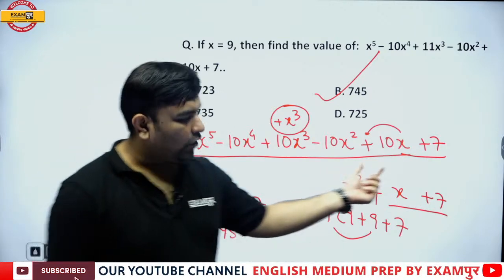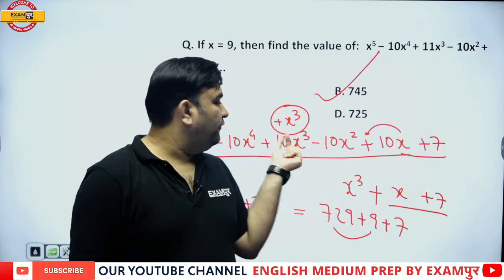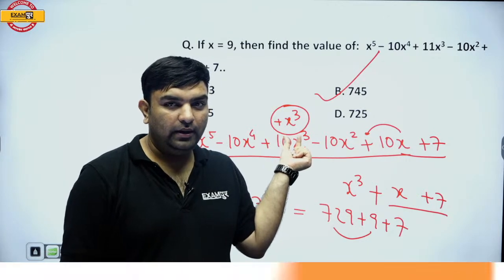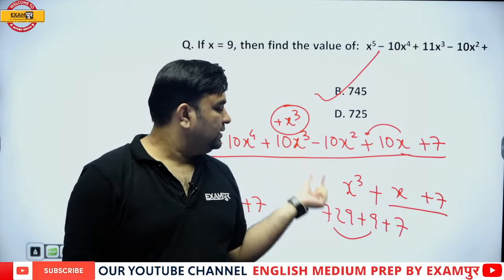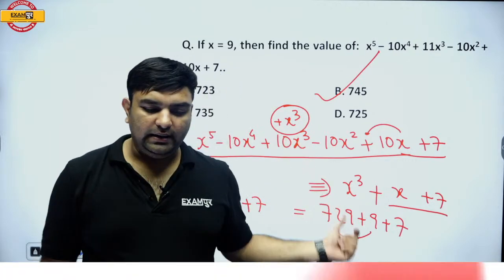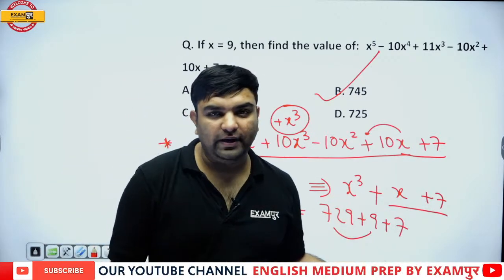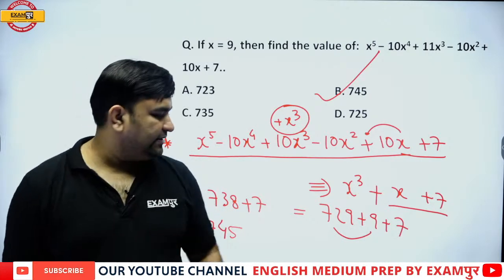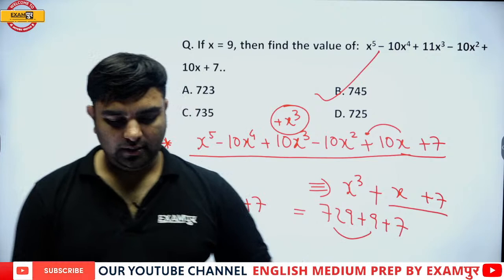From this expression, the answer was x plus 7, and 1 x cube was remaining from here as well. So the answer is x cube plus x plus 7. On putting the value of x as 9, you will get the answer as 745.